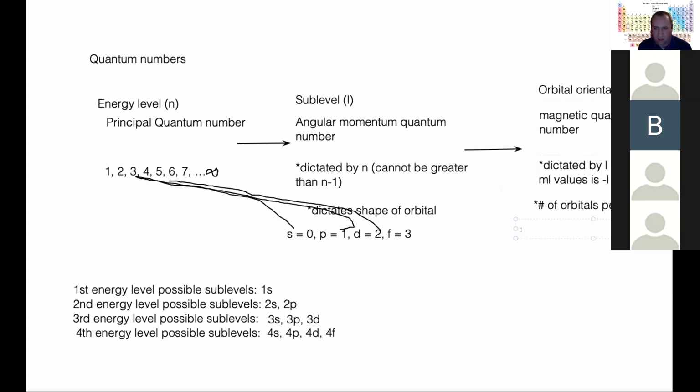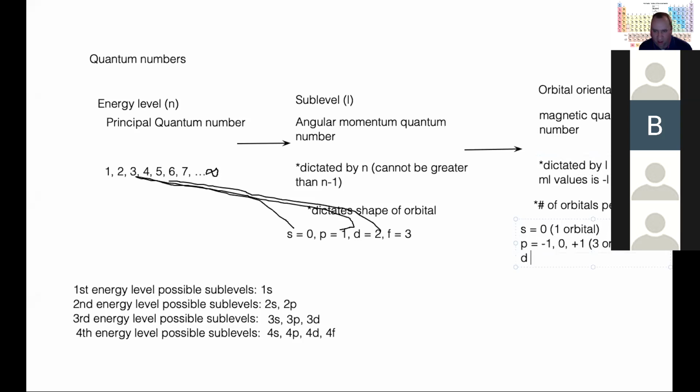So the s orbital, since we're going from 0 and that's it, has one orbital in the sublevel. The p orbital, since we can have a value of -1, 0, and +1, that means there are 3 orbitals in that sublevel.